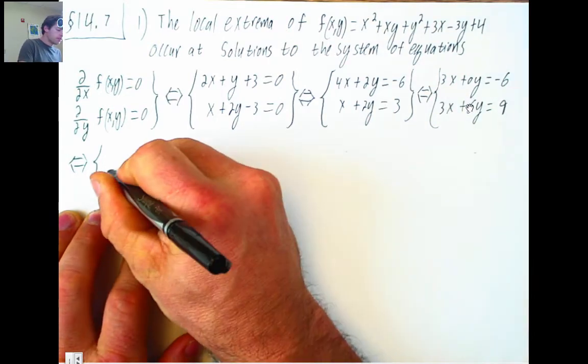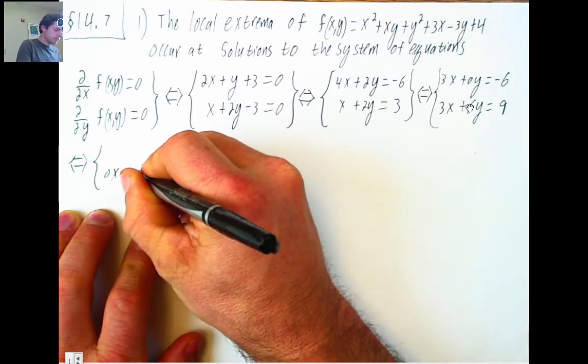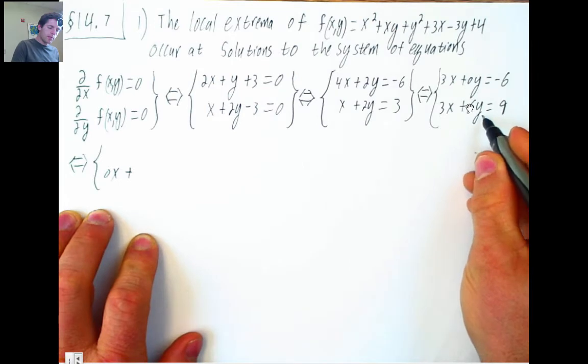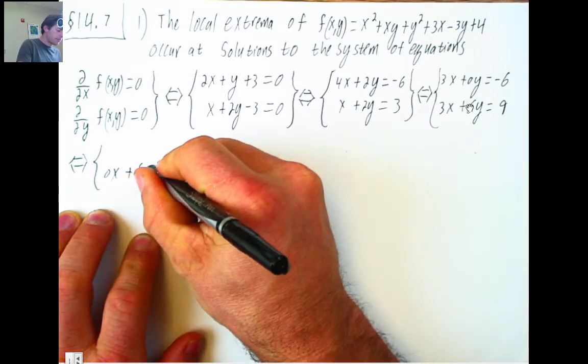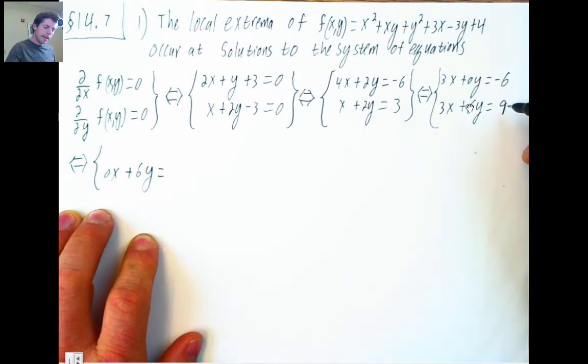3x minus 3x is 0x's, and 6y's minus 0y's, that's 6y's, is equal to 9 minus negative 6. That is 15.